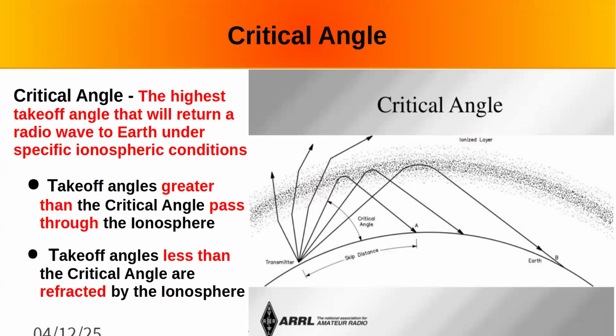Okay, critical angle. It's the highest takeoff angle that will still be refracted. So you can see on this chart, you've got a couple takeoff angles that are refracted back to Earth, because they're all being refracted, but they don't make it back.